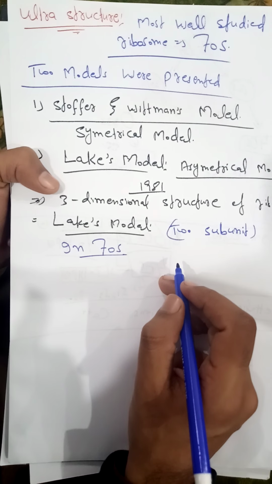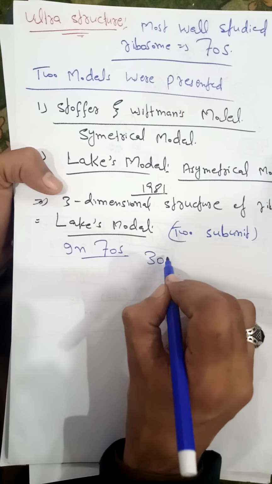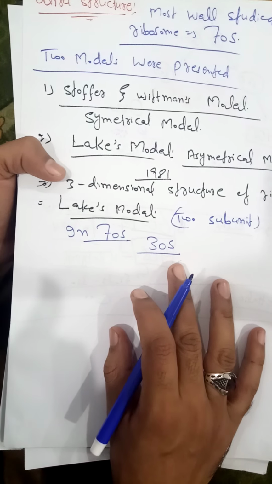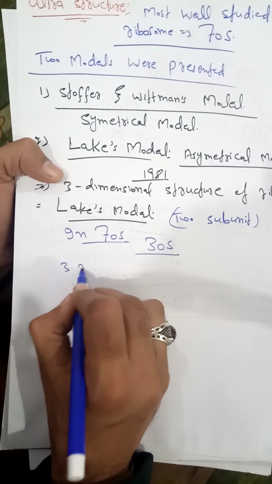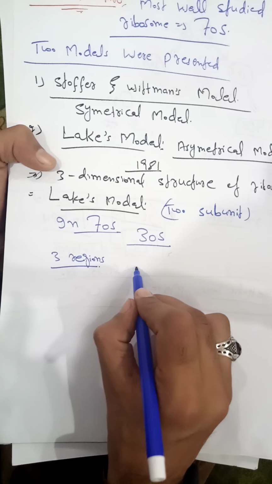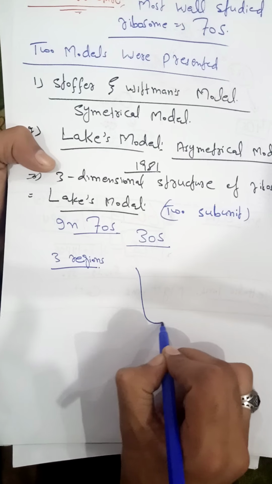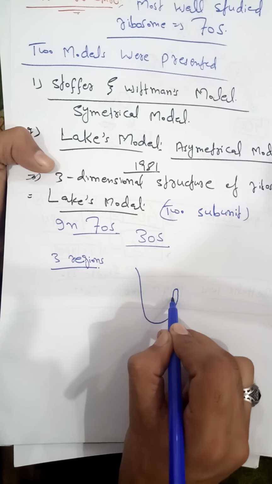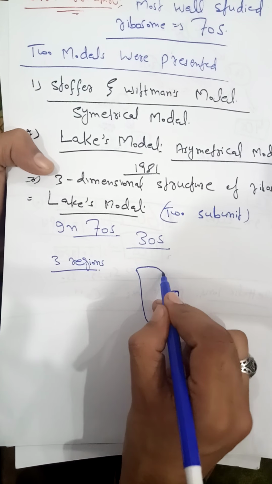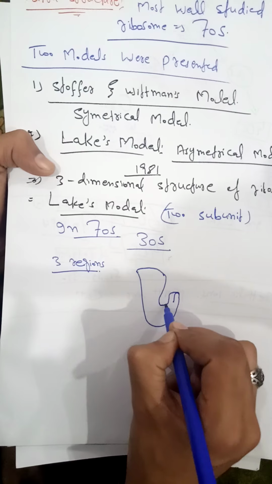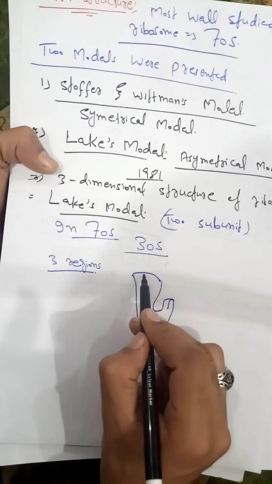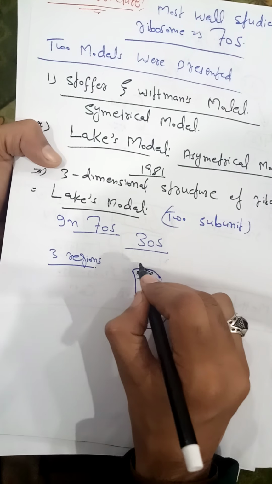The 30S subunit contains three regions. So this is the 30S. It contains a head region.